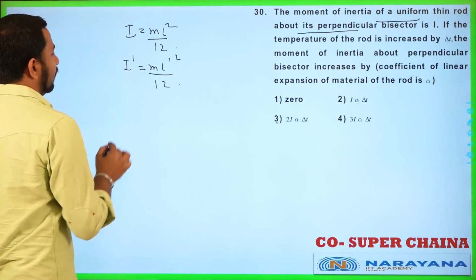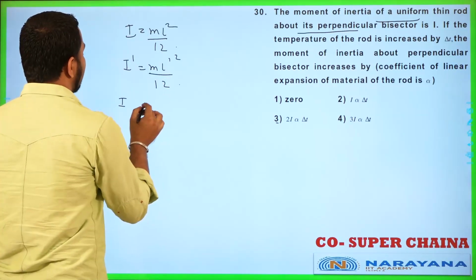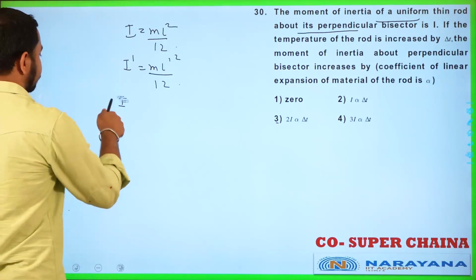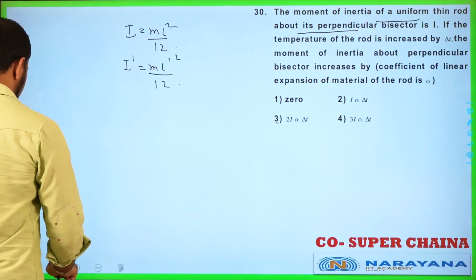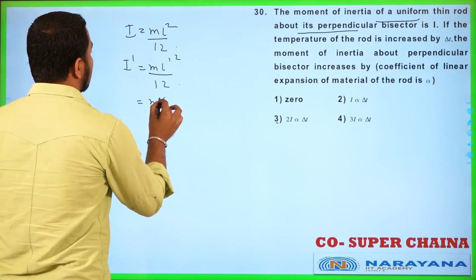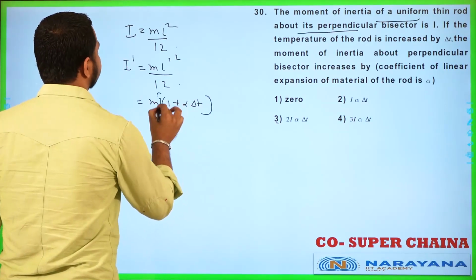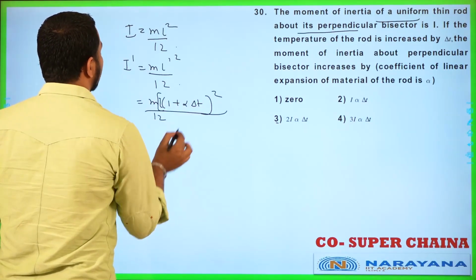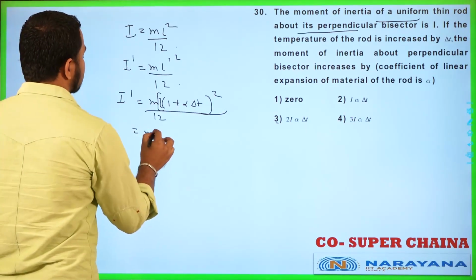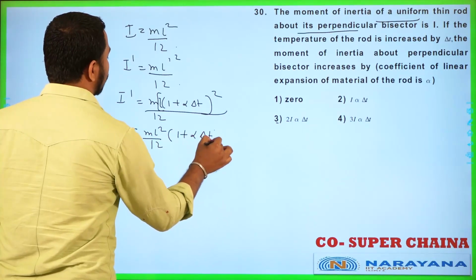We can write this l dash as L into 1 plus alpha delta T. So I dash is m L 1 plus alpha delta T whole square by 12. If you simplify, this will be ml square by 12 into 1 plus alpha delta T whole square.